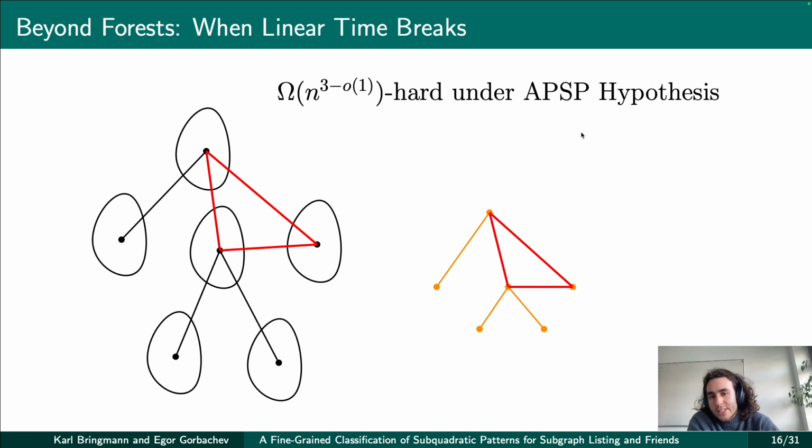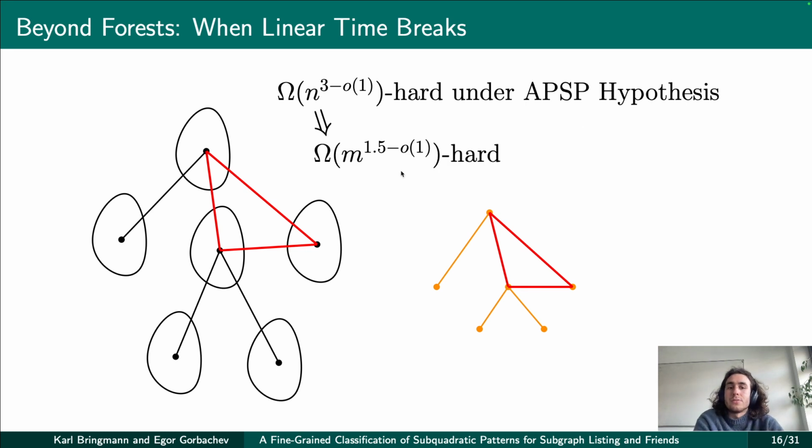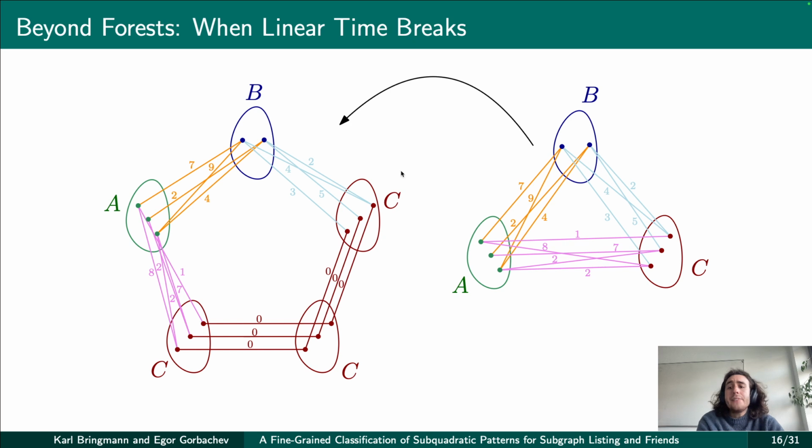As the number of edges in a graph is at most n squared, it implies an m to the 1.5 lower bound. If the length of a cycle is more than 3, we can use a more complex embedding of the minimum weight triangle. So we take one part C and we repeat it multiple times and connect only the corresponding vertices with 0 weight edges.